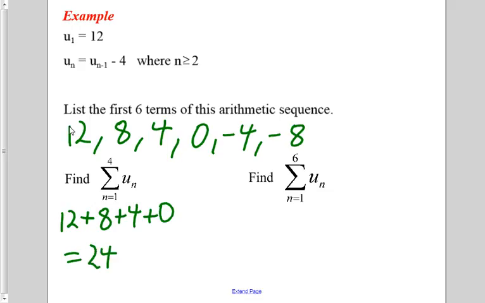Now this is asking us to find the sum from when n equals 1 to n equals 6 of the terms in the sequence. So we'd have just 12 plus 8 plus 4 plus 0 minus 4 minus 8, and that just equals 12. So the sum of the first 6 terms in the sequence is 12. The sum of the first 4 is 24.